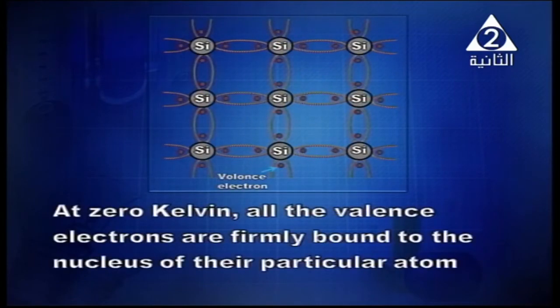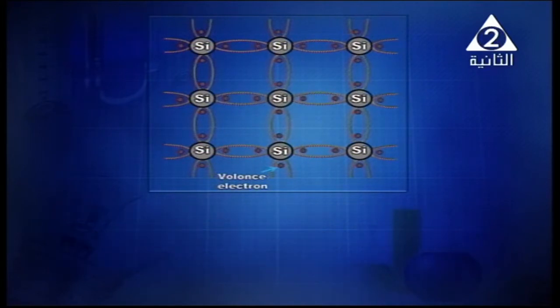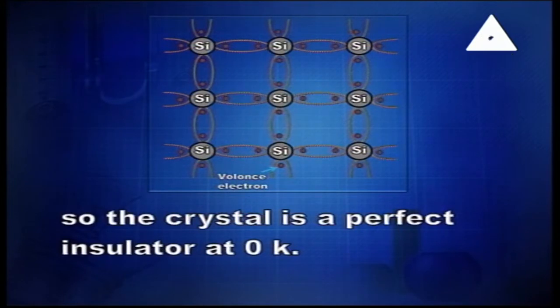Once again, at 0 Kelvin, all the valence electrons are firmly bound to the nucleus of their particular atom. So the crystal is considered a perfect insulator at 0 Kelvin because of the absence of free electrons.